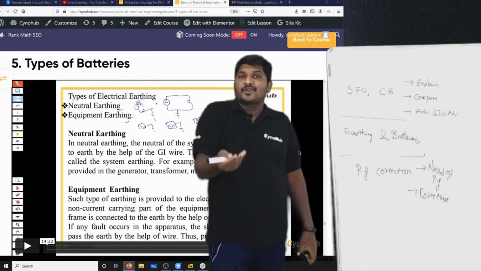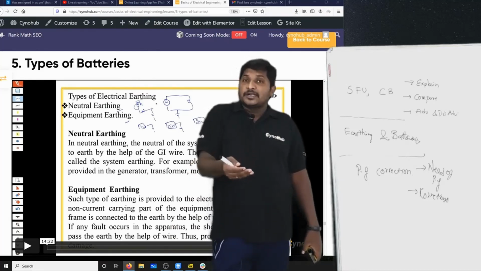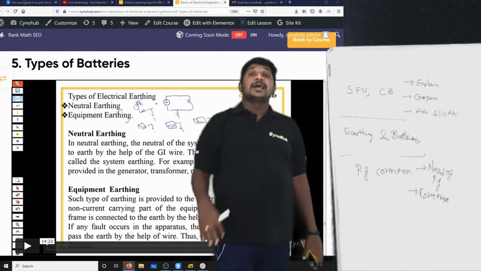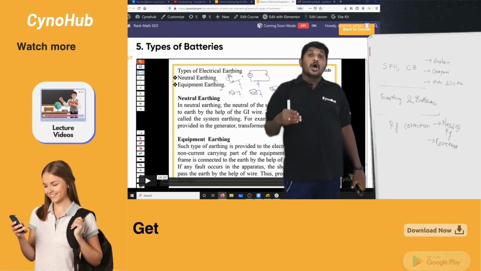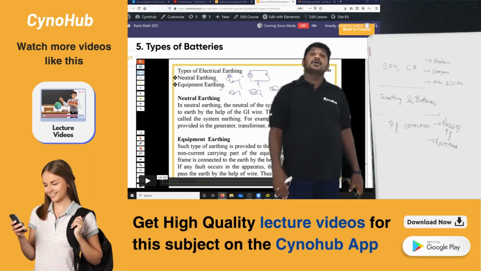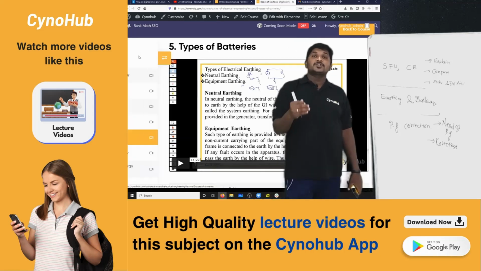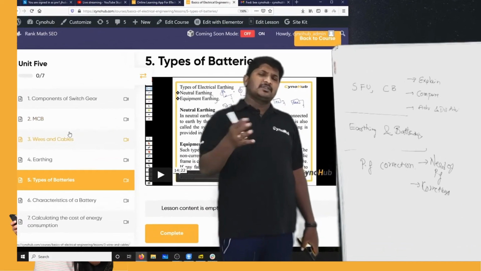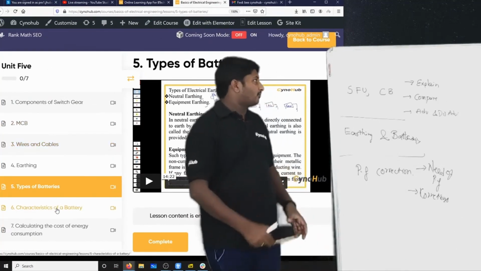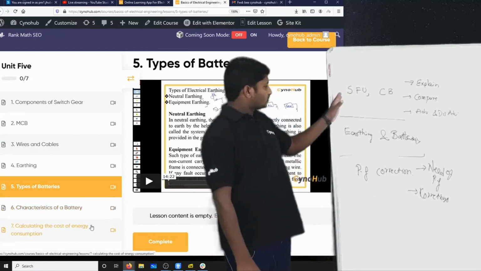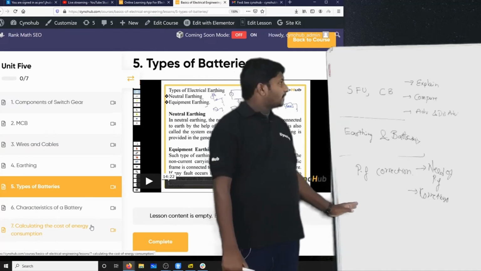Need to improve the power factor means, what are the advantages of high power factor? And the next question, correction method, that means how to improve the power factor by using synchronous condenser or by using another equipment. Okay, so based on some methods you will improve the power factor. They will ask directly, what are the power factor corrections? Okay, so that is about your unit number.